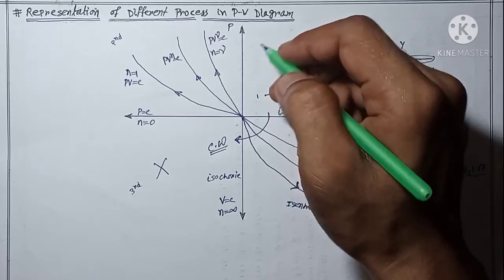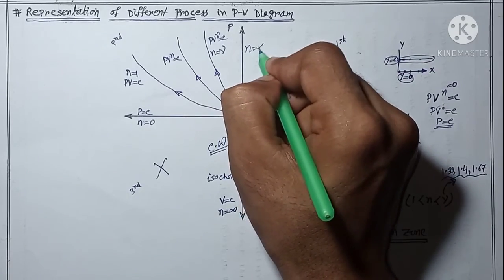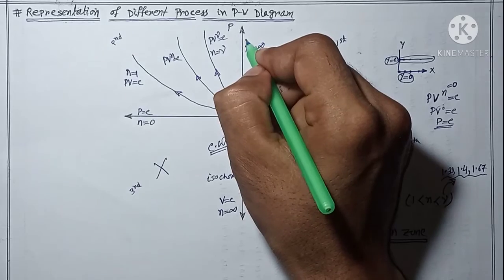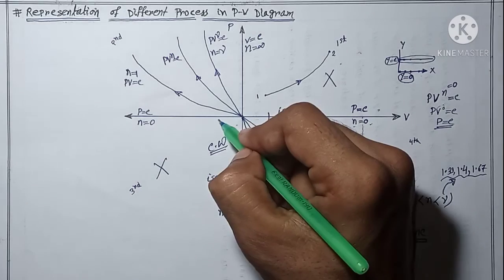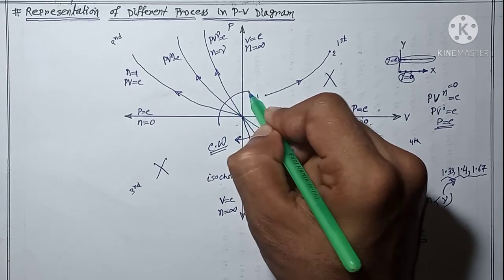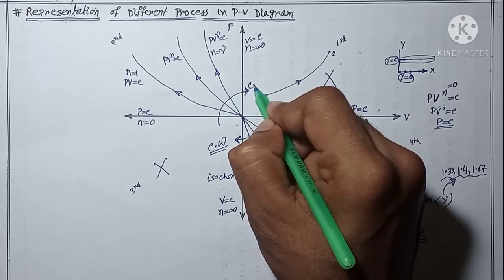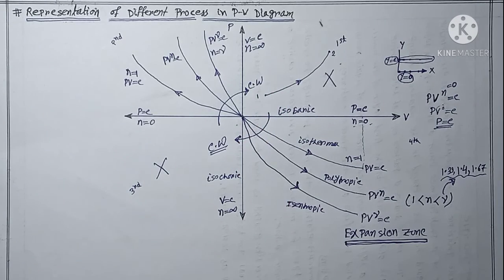And this line represents n value infinity, and for which process is n infinity? For the isochoric process, means volume is equal to constant. So here also, if we go clockwise, then the value of n is increasing. So simply you have to remember, if you go clockwise, the value of n will increase. Then simply you can compare two processes and give them their correct position in the PV diagram, with respect to each other.